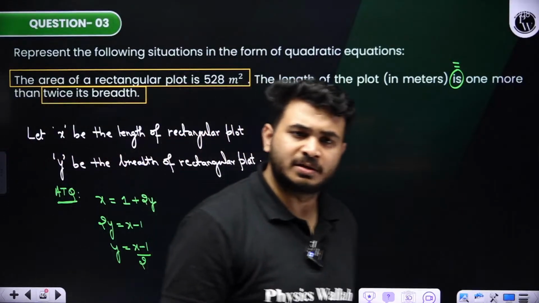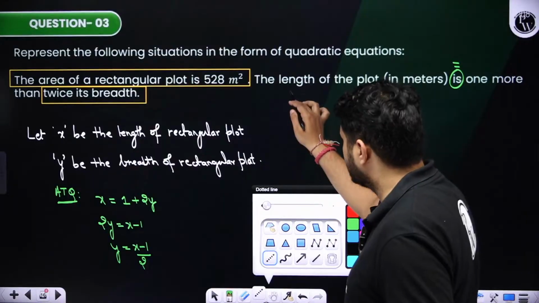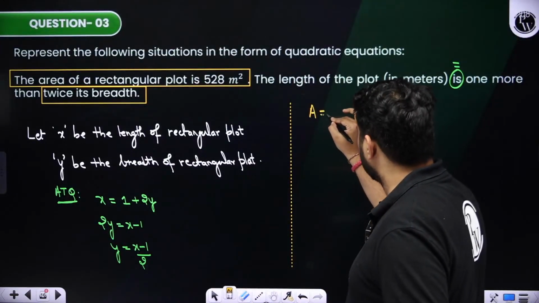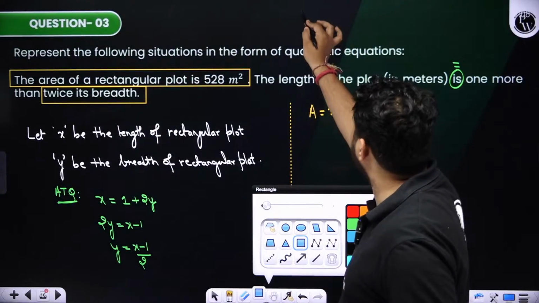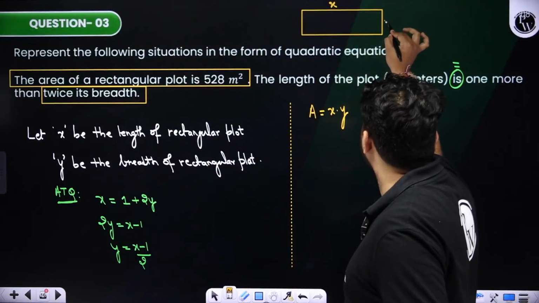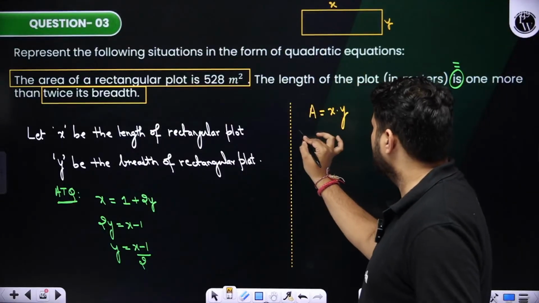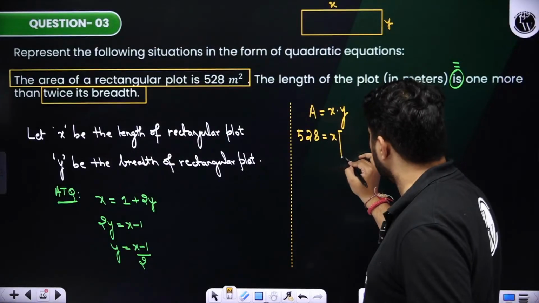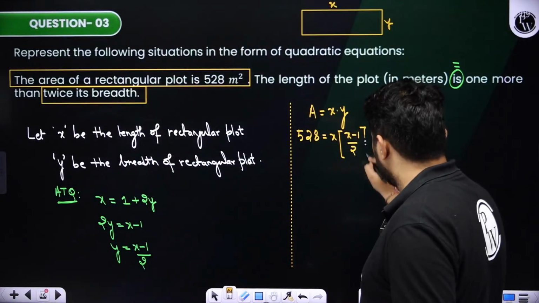Clear? Simple? Yes. Now if this is clear, students, next the area of the rectangle formula is, we know that it is length multiplied by breadth, correct? Because this is the rectangular plot, we have taken x be the length, y be the breadth, area will be this. What area is given? 528 is x, y value, what is it? y value is x minus 1 divided by 2, correct?